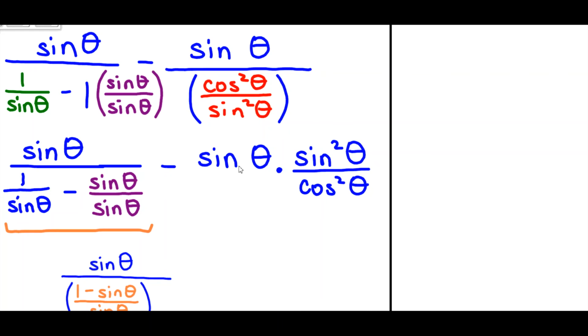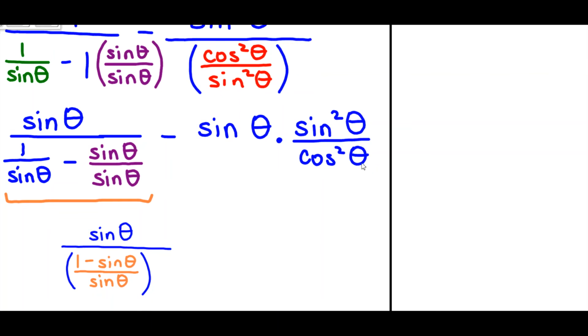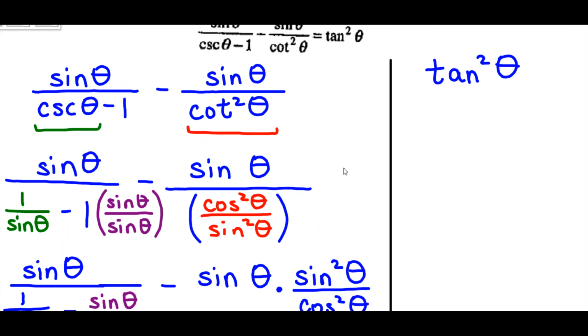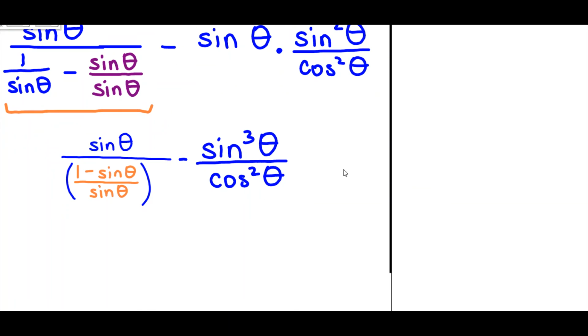When I do that, sine theta times sine squared theta is going to give me sine cubed theta, and cosine squared theta is going to still be in my denominator. So it's a little bit more complicated than what we started, but we're starting to work towards some of the ideas of what we might need.